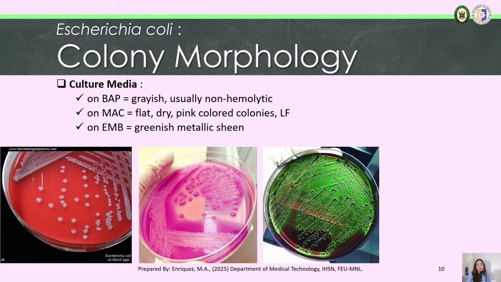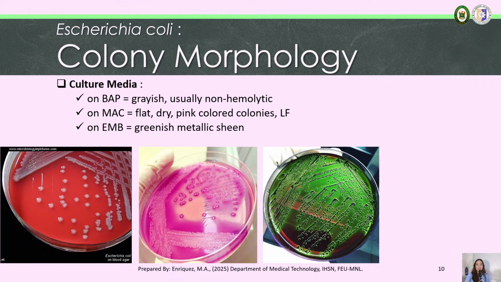ng Escherichia coli. So Escherichia coli produces a green metallic sheen on the eosin methylene blue agar because of its intense lactose fermenting capabilities, creating high concentrations of acid that causes the eosin and methylene blue dyes to precipitate, forming a metallic luster. Okay, so yun po yung dahilan kung bakit may green metallic sheen ang Escherichia coli on EMB.